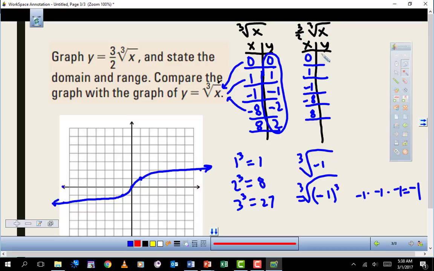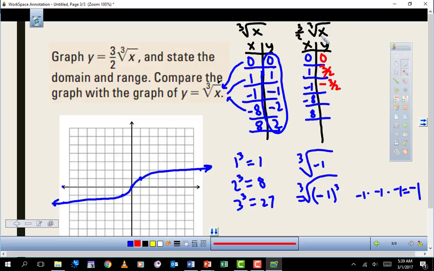Well, that would give us 0. And in this case, if we took the cube root of 1, we'd get 1 and then multiply it by 3 halves, so that would be 3 halves. And if you did the negative 1, the only difference would be that this would be negative 1 once you take the cube root, and then you multiply by 3 halves, that would make it negative 3 halves.